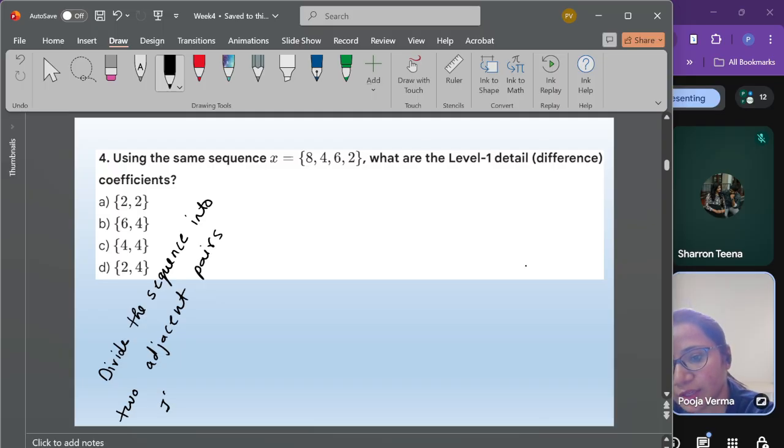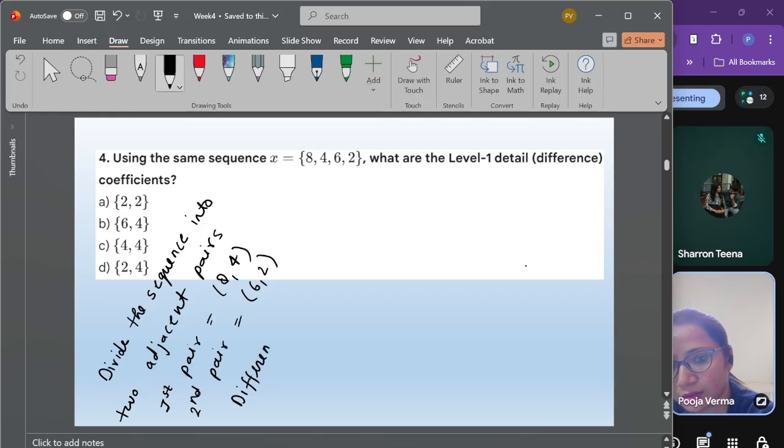The first pair, as we already know, is 8, 4, and our second pair is 6, 2. Now to find the detail or difference coefficient, I can write it.